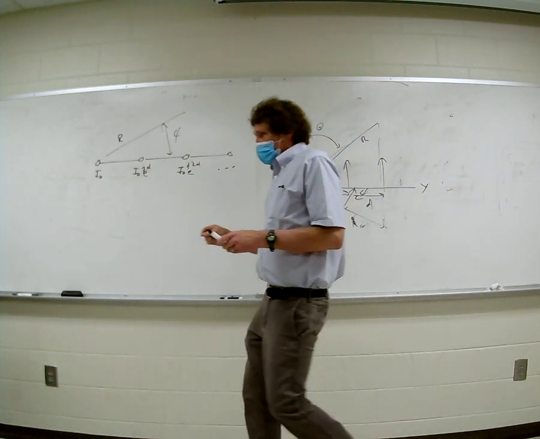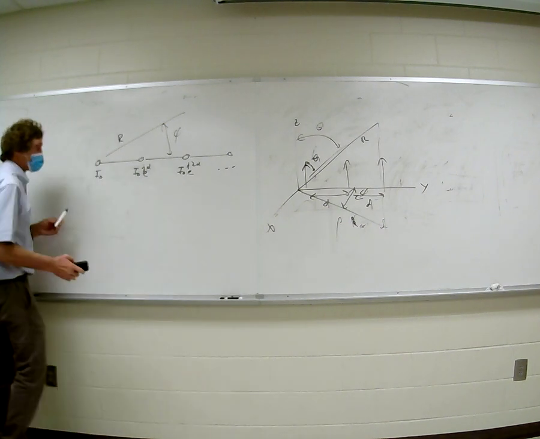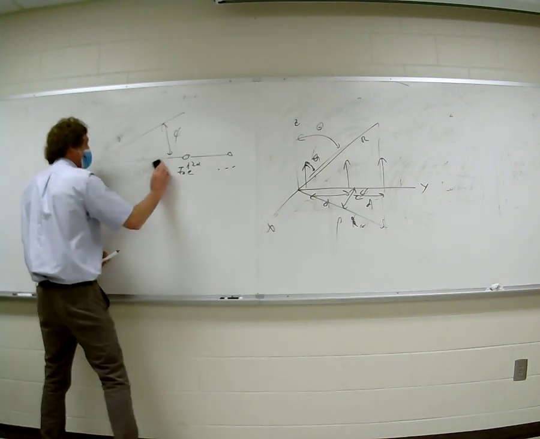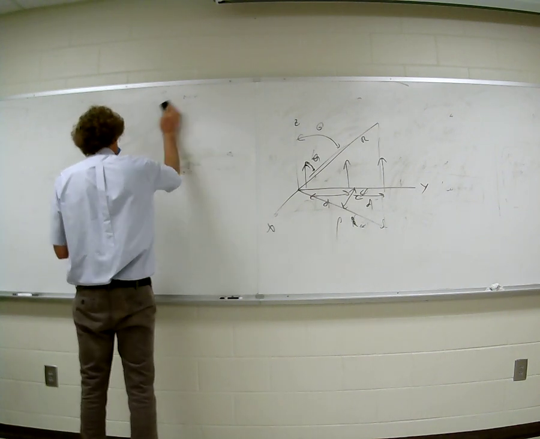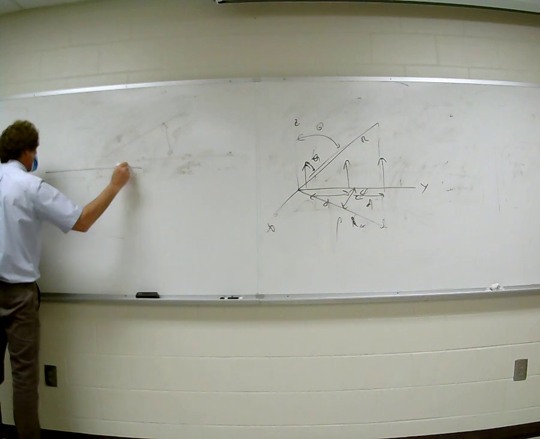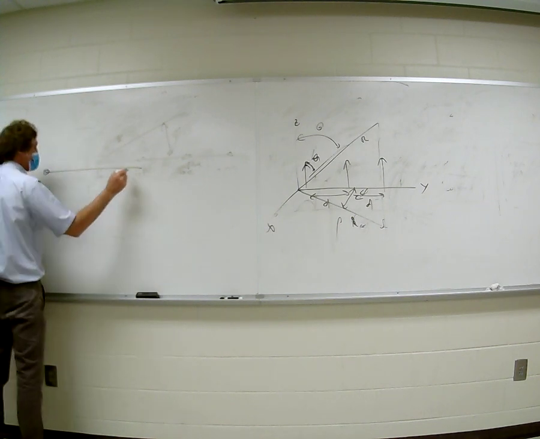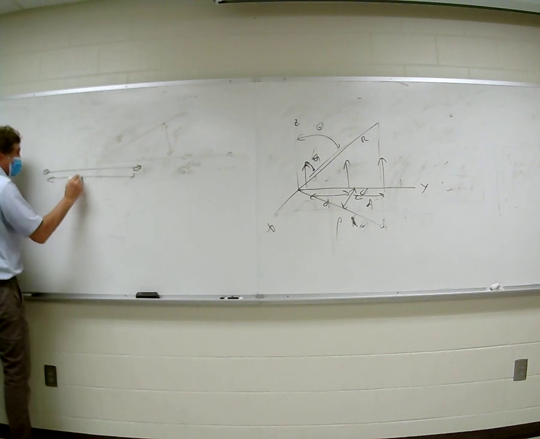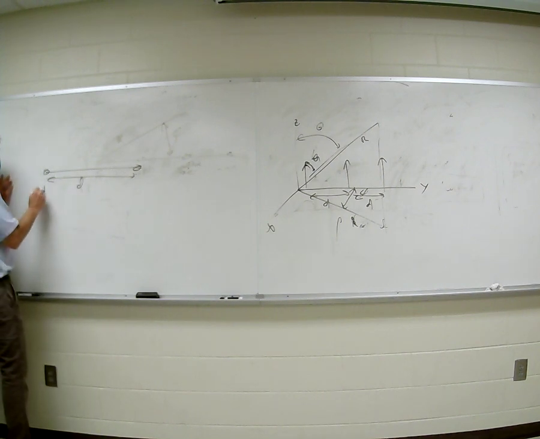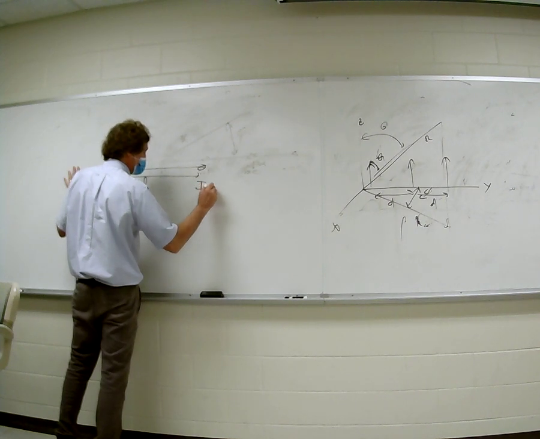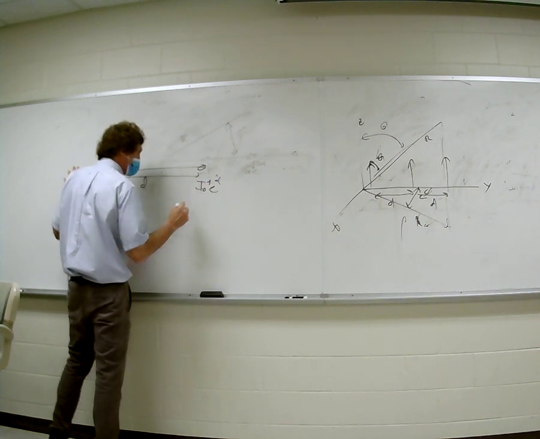So, here's a question, and a good one. Let me just bring it down and make it real simple. This is the ultimate simple problem: I have two elements separated by a distance d. This one has I naught, and this one has I naught e to the j alpha.